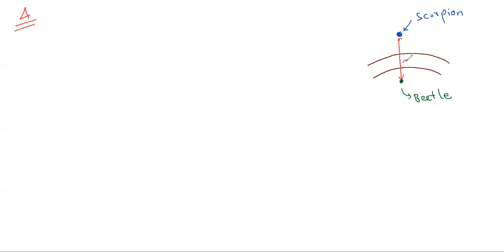Let me write this here. The two types of waves produced here are longitudinal waves and transverse waves. This arrow represents the velocity and direction of the waves. Similarly, over here too.